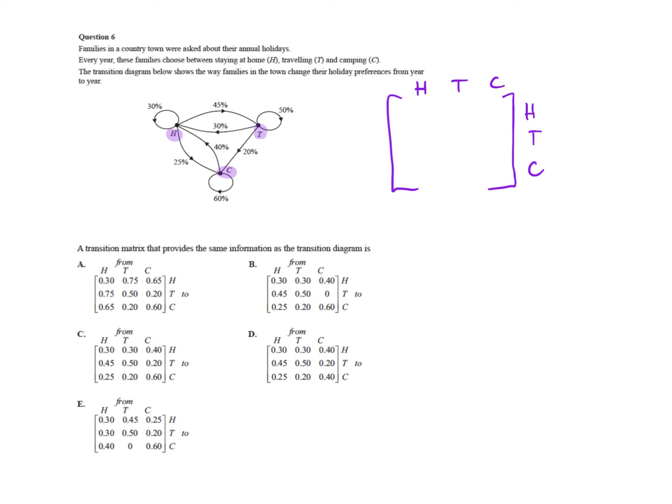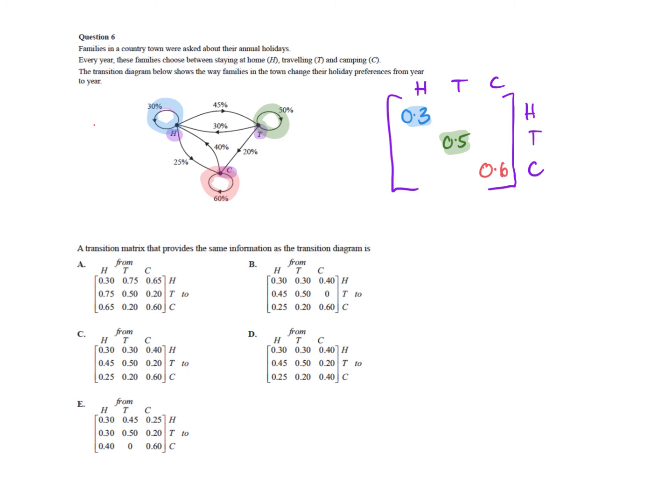So remember I said the ones back to themselves are often the easiest. H back to H is 0.3. T back to T is 0.5. And C back to C is 0.6. And let's just fill in the other ones.